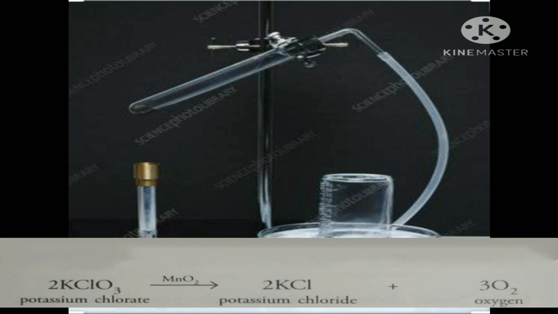That means it has not taken part in the reaction. But what is its role? It is only increasing the speed of the reaction. So it is a catalyst, and since it is not taking part in the reaction, we write the catalyst above the arrow. So catalyst is another condition required for some chemical reactions to take place.